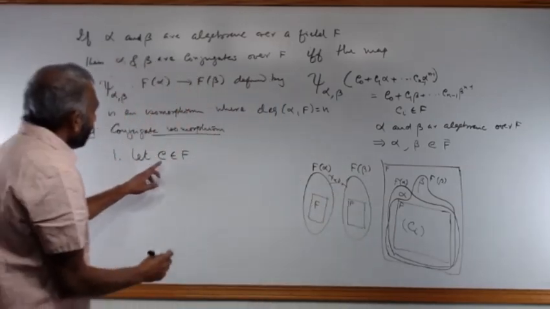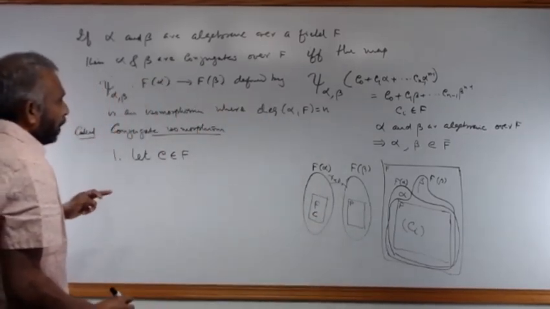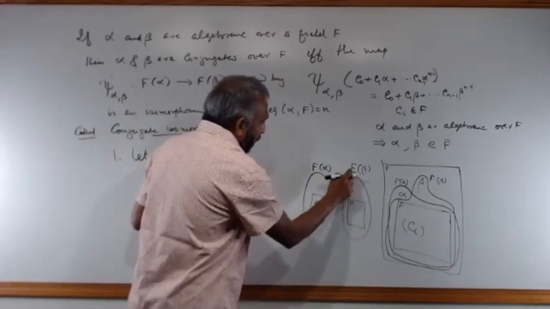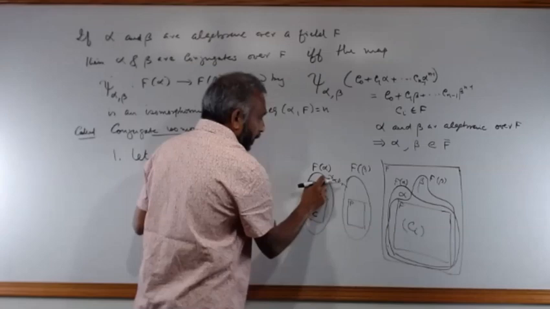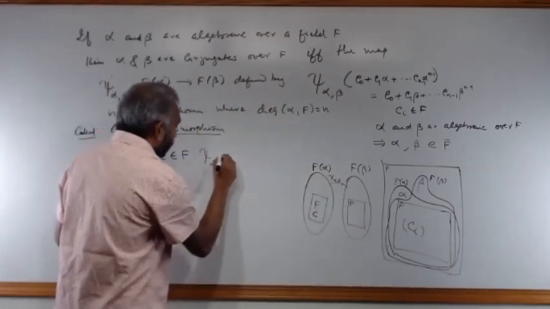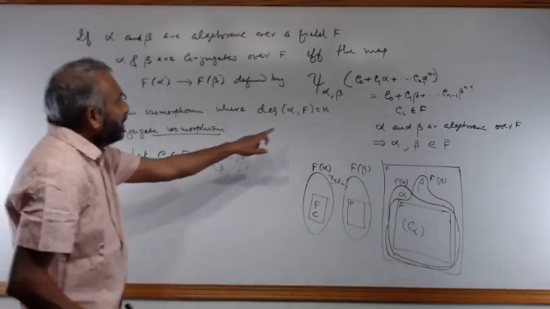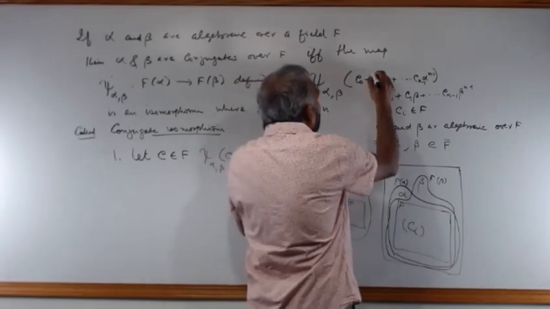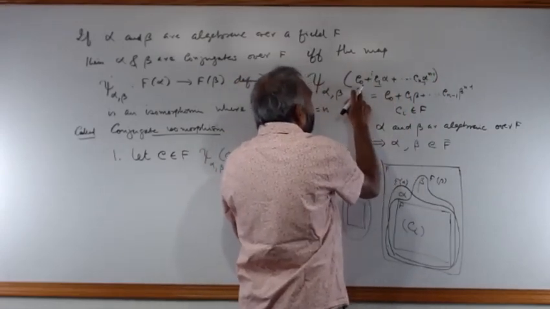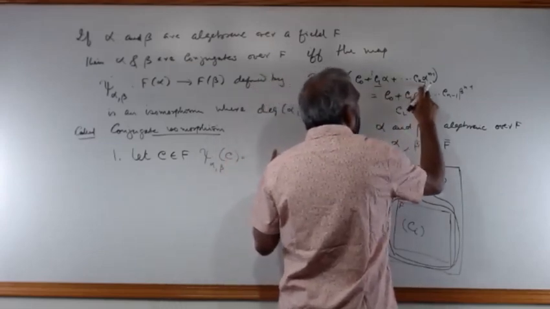So I'm going to take an element C from here. Where is the image of C in F(beta) under psi alpha beta? So psi alpha beta of C. What is C here? You don't have any other terms here. You only have C0, and that C0 is C. C1 etc. up to Cn-1 are all zeros.